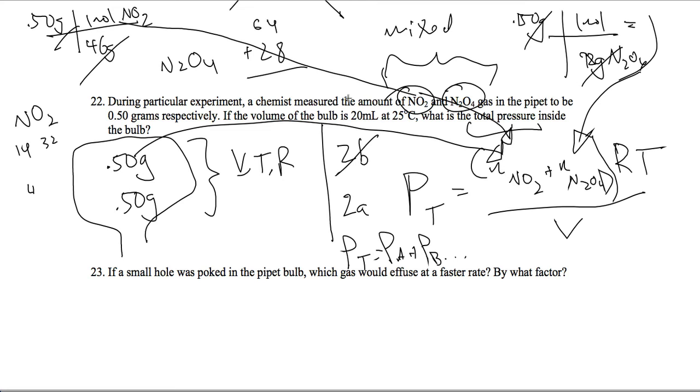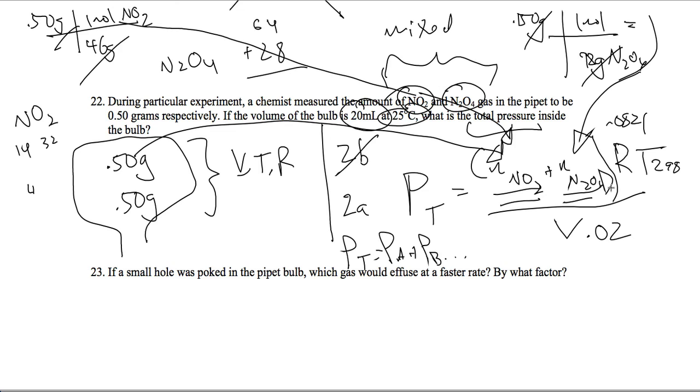Now we did both of these gram to mole conversions and plug those in to get moles of each. We know that R is 0.0821, we know T is 298, and we know V is going to be in liters. We're going to have to divide those 20 milliliters by 1,000. You're going to get a really big number, something like 19,000 atm when you do it out.